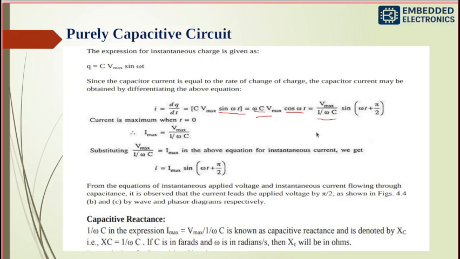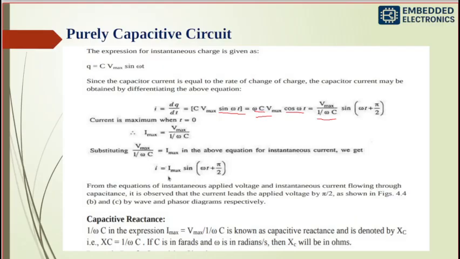So we will get only this term here. So I max equals V max divided by 1 by omega C. Now you need to substitute this I max value here: I equals I max sin of omega t plus pi by 2.